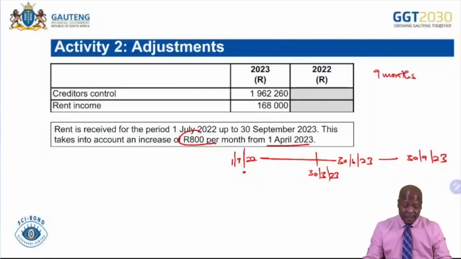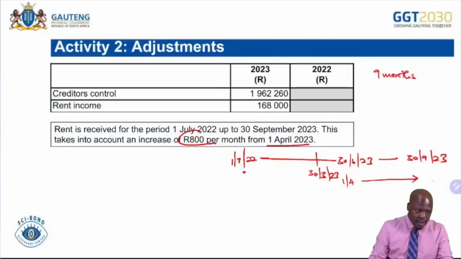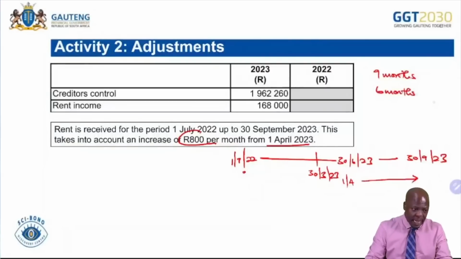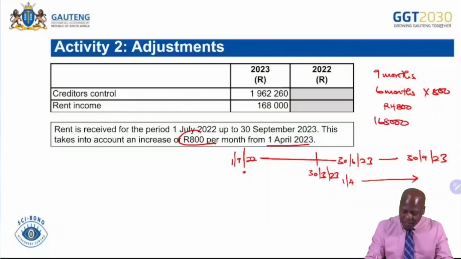But from the 1st of April until 30 September, we have now received rent with increase. Those are your 6 months, and that increase is how much? 800. So we say 6 times 800, that is going to give you your 4,800.